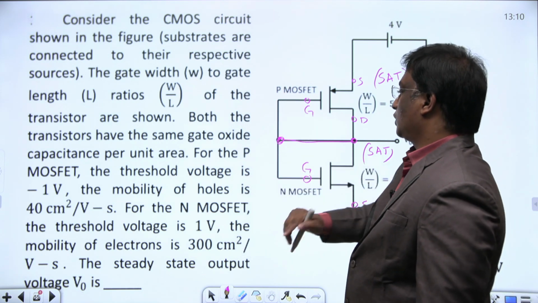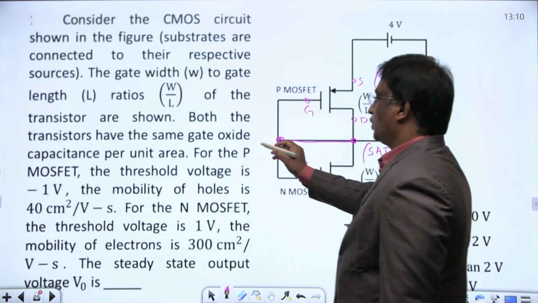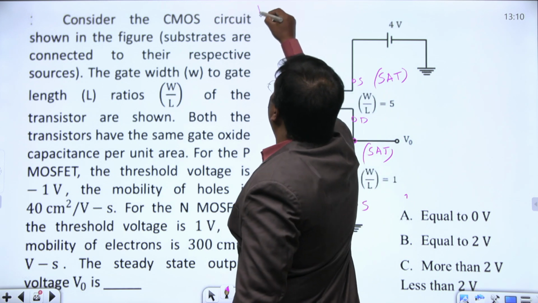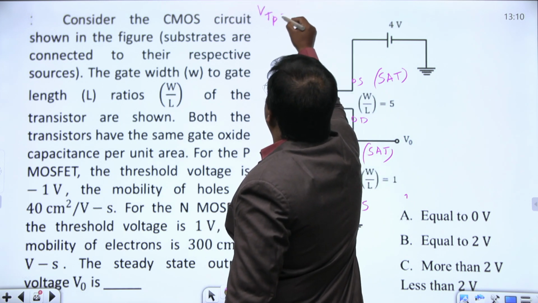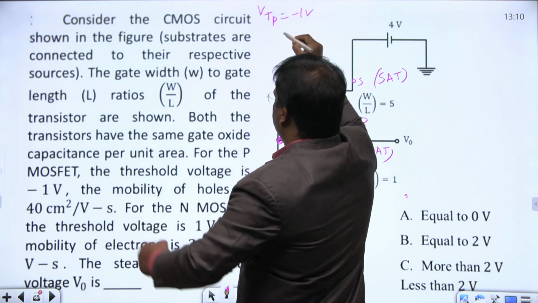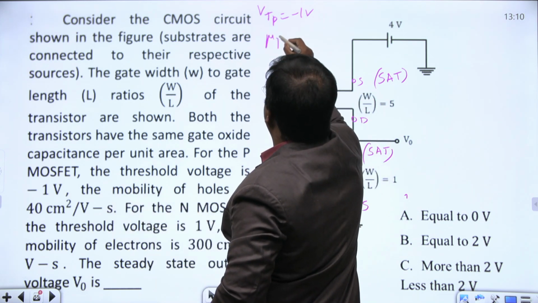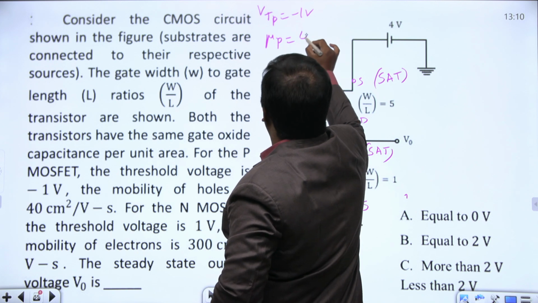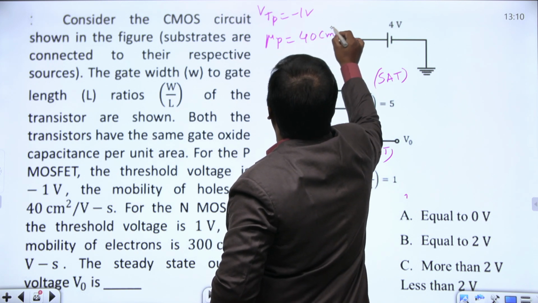For the P MOSFET, they gave the threshold voltage as -1 volt and the mobility of holes as 40 centimeter square per volt second.